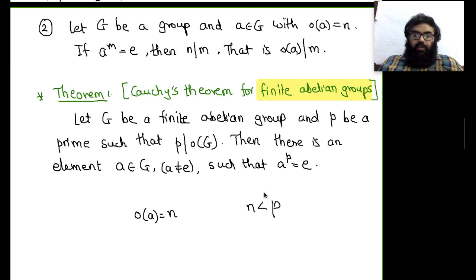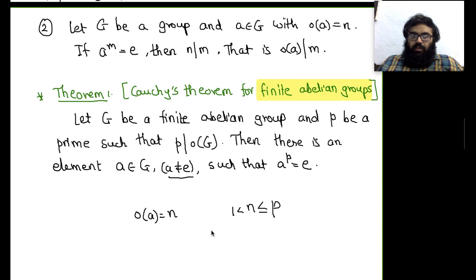The order of A is not 1 because A is not equal to identity, so n is not equal to 1, and A raised to p is the identity, so the order of A must be less than or equal to p because it is smallest.